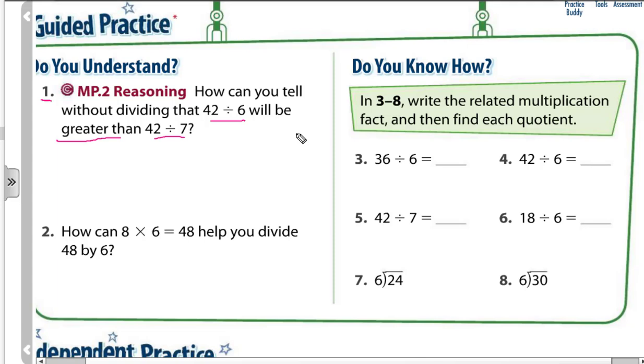So 6 times 7 equals 42. Okay, but the question asks us to answer the question without dividing. Oh. Okay, thank you. Anyone else?